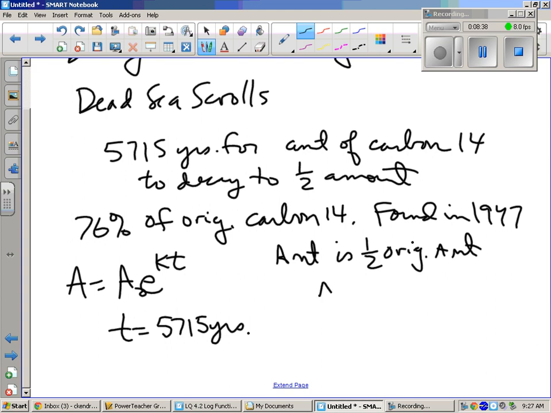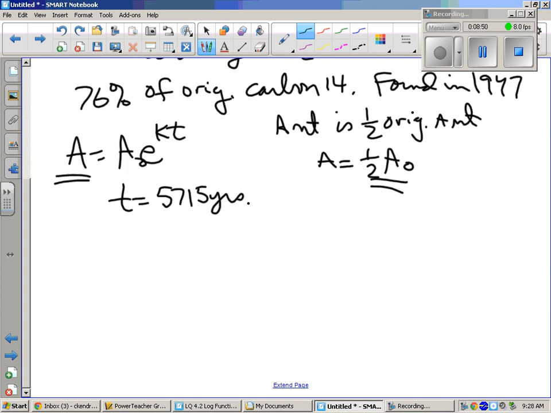So that means A is 1/2 A sub 0. So instead of A in this formula, we're going to put 1/2 A sub 0, meaning half of the original. So let's do that first. So 1/2 A sub 0 is A sub 0 e to the k times the amount of years, 5715.